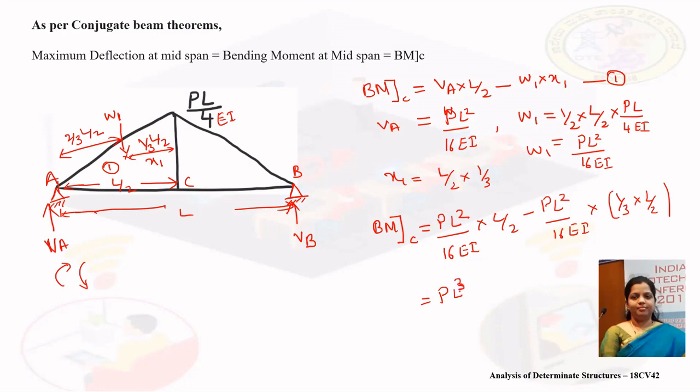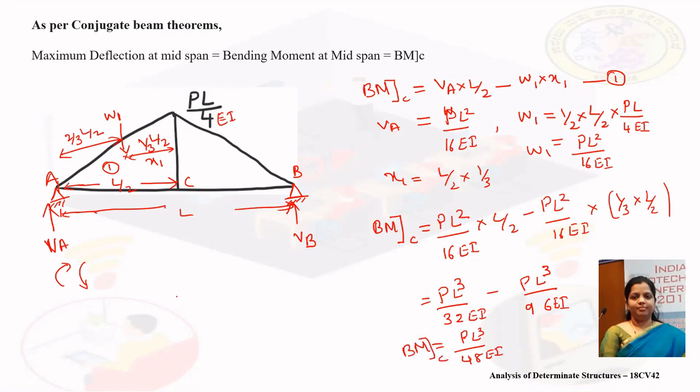PL cube by 32 EI minus PL cube by 96 EI. On simplification, we will get PL cube by 48 EI.